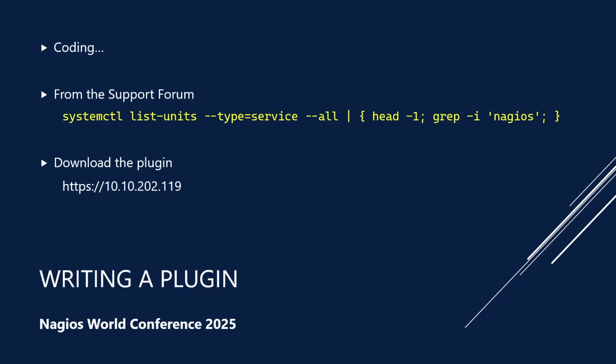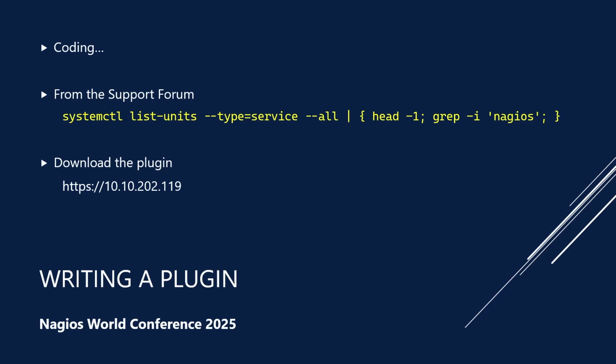So originally I was going to walk everybody through how to write a plugin, but that is a little time consuming. So what I did is I created a plugin using a question from our support forum. The user wanted to use the system control command and use it as a plugin.